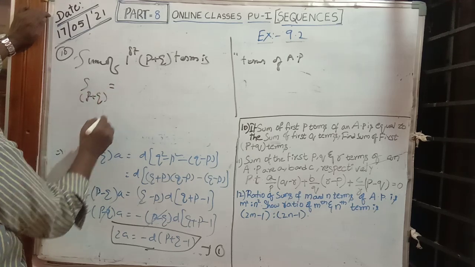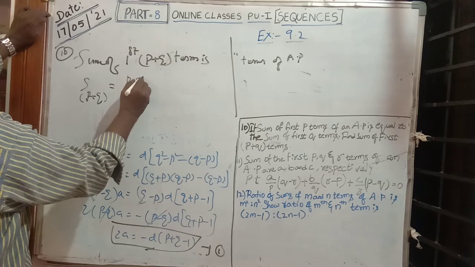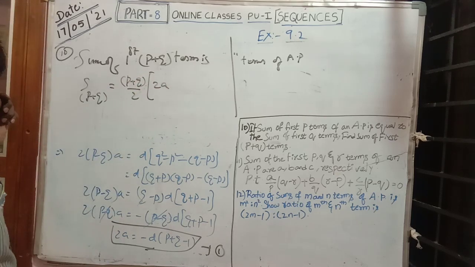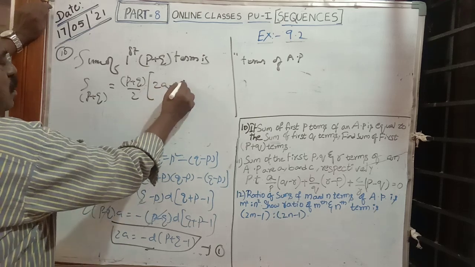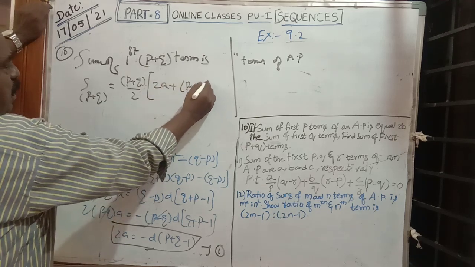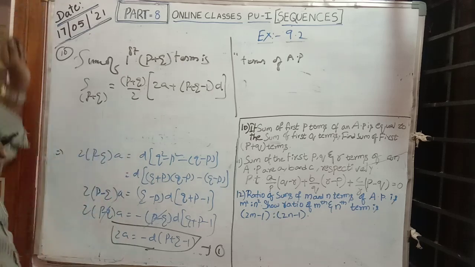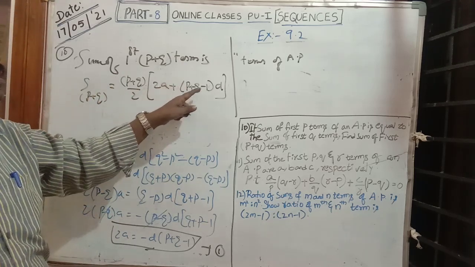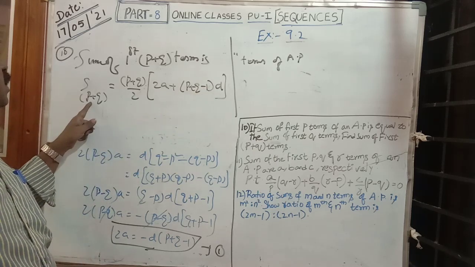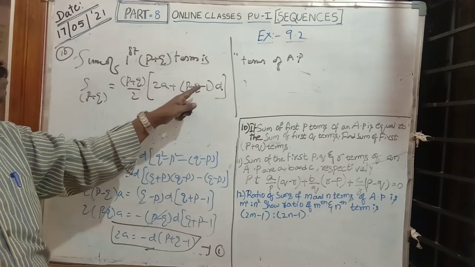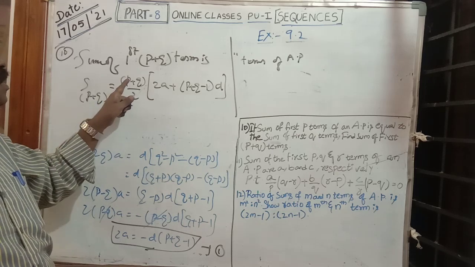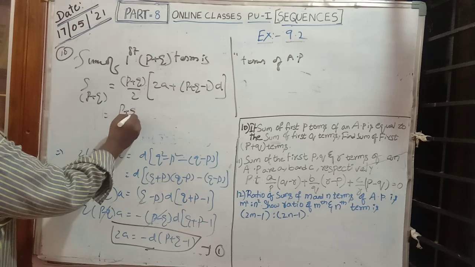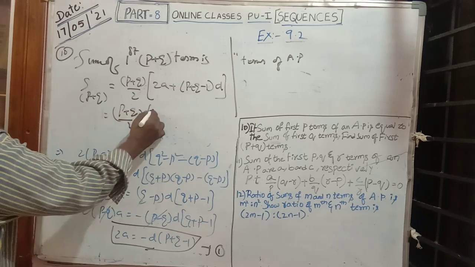That is p plus q by 2 of 2a plus p plus q minus 1 into d. Yes, n by 2 of 2a plus n minus 1 into d, with n equal to p plus q.